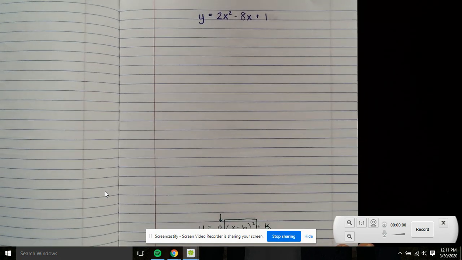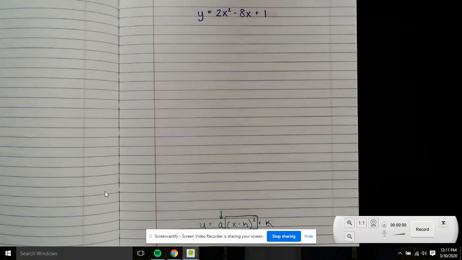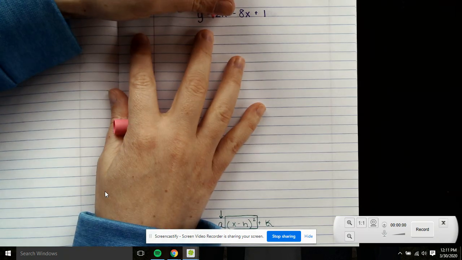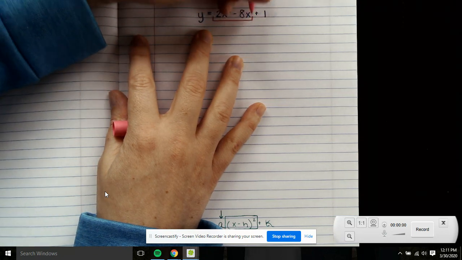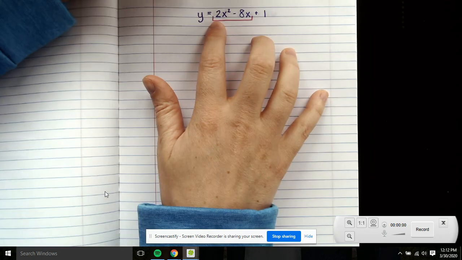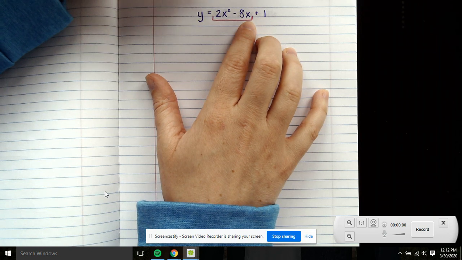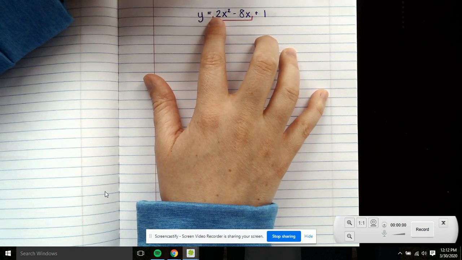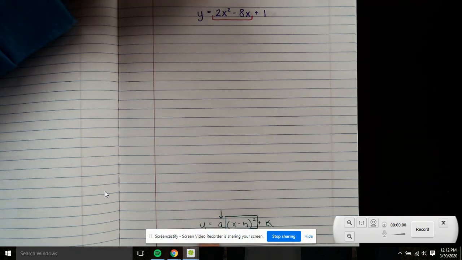So the first thing I want to do is look at solely the first two terms, because that's where my completing the square comes from, if you think back to the completing the square for the circle. So if I look at 2x squared minus 8x, I'm going to take out this 2 because that's my a value, which I know I need out on the front for vertex form.